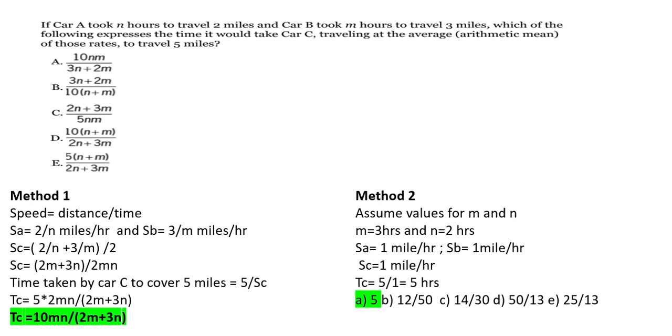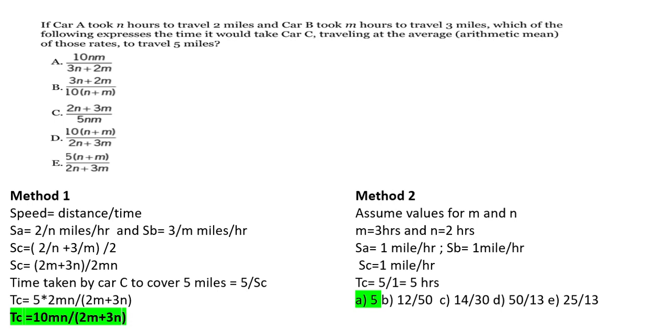Now you can plug in whatever values are needed. I'm taking 2 hours as n and 3 hours as m, so that if I divide 2 miles by 2 hours, I get 1 mile per hour as my speed, and if I divide 3 miles by 3 hours, I again get 1 mile per hour as my speed, which actually simplifies the calculation.